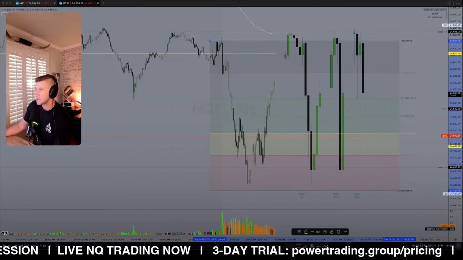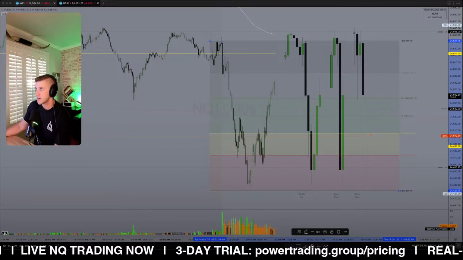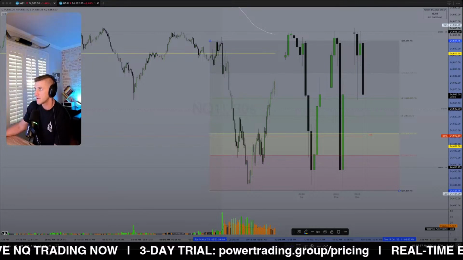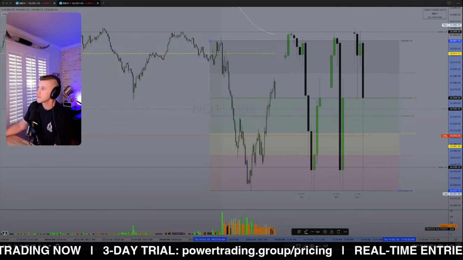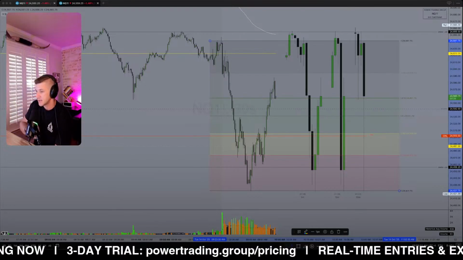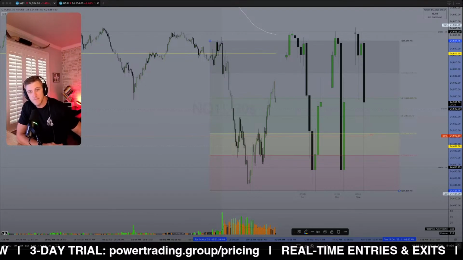And Q all the way up into the 78% retrace for the intraday move, as we get into 10 a.m. here.